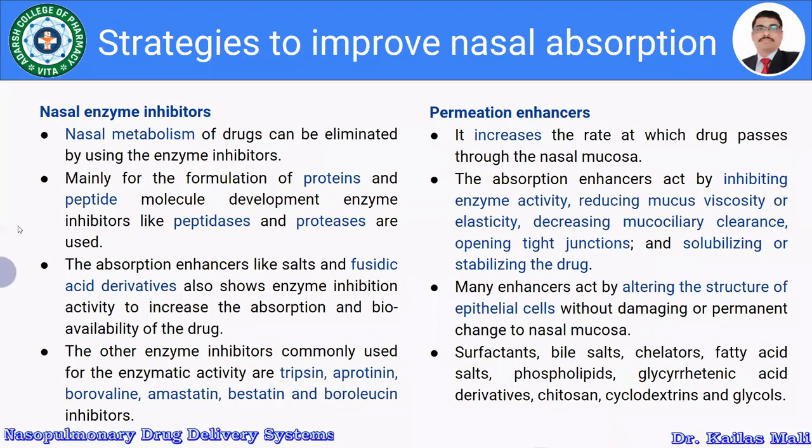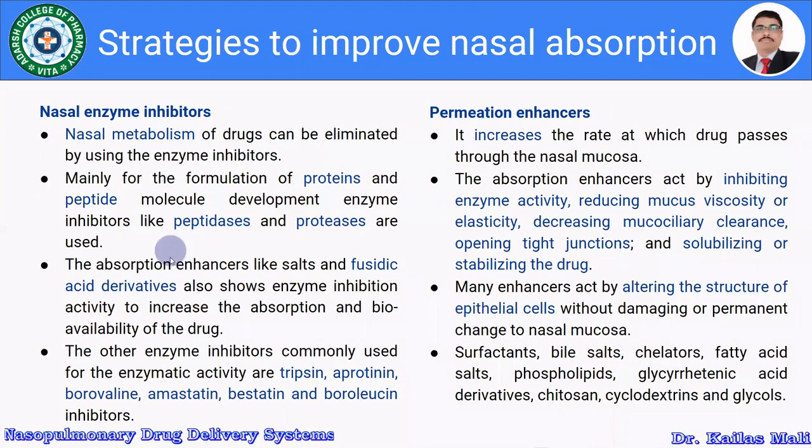So the enzyme inhibitors inhibit the metabolism of the drug in the nasal cavity. In the case of protein and peptide, it is possible to use peptidase and protease inhibitors in the formulation, which will increase the permeability of the drug.